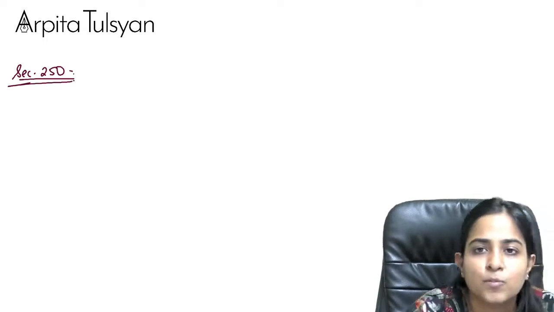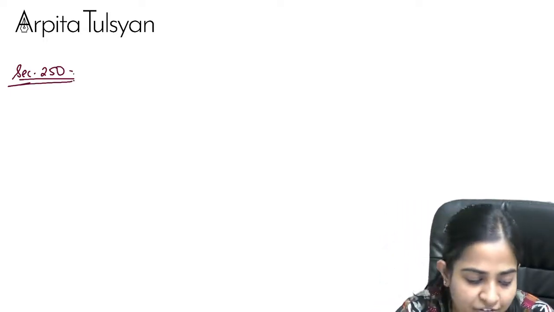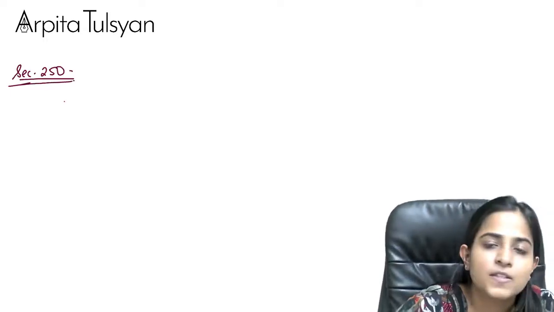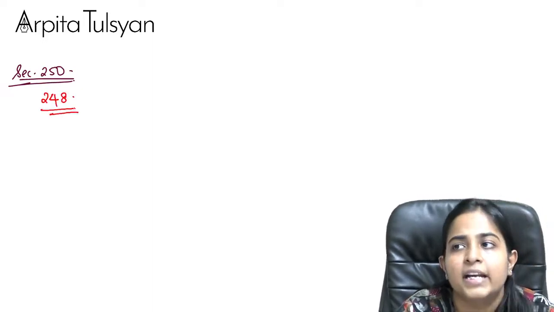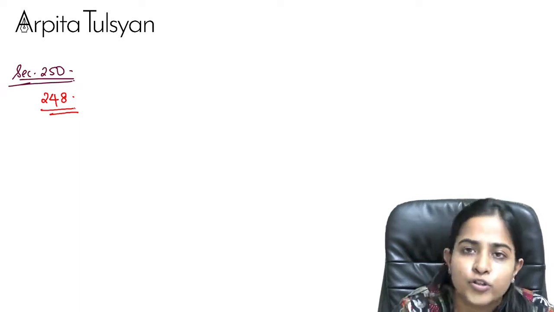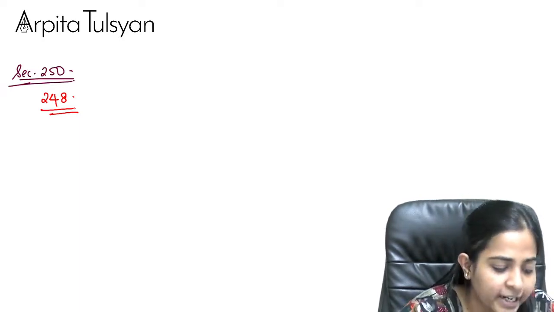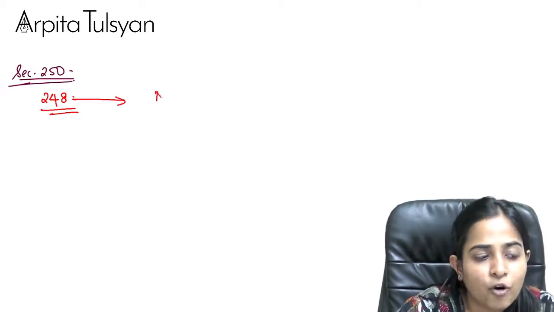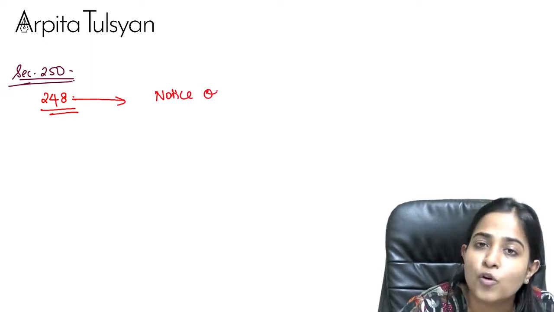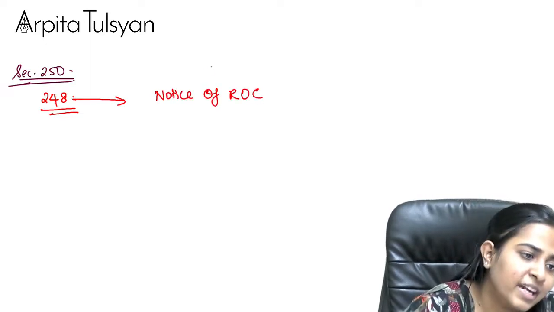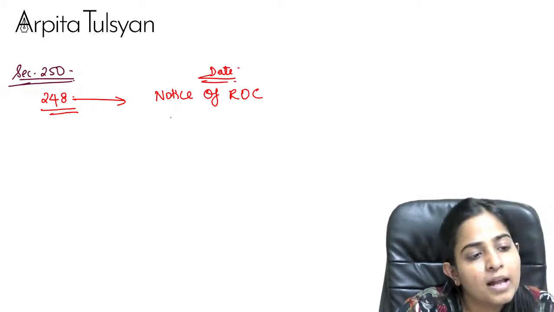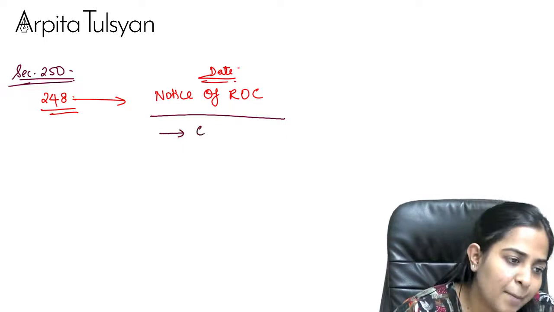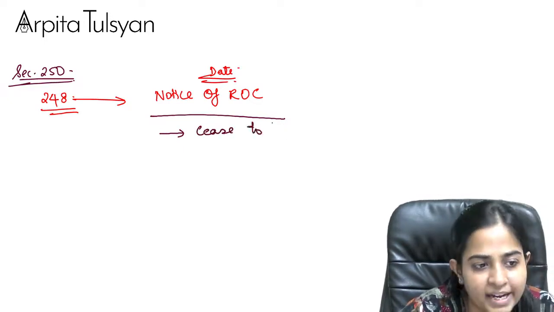Let's move ahead to section number 250. Now assuming you had made an application properly under section 248, or the ROC suo moto struck off your name under section 248, then whatever date is written in the notice of ROC, from that day the company will cease to operate, means it will stop.